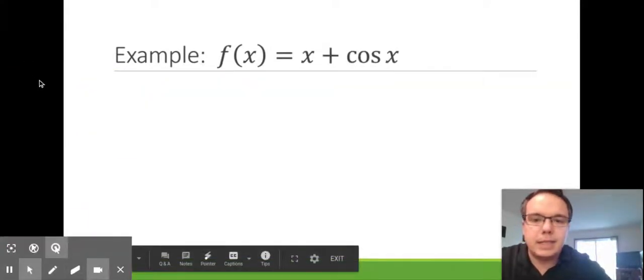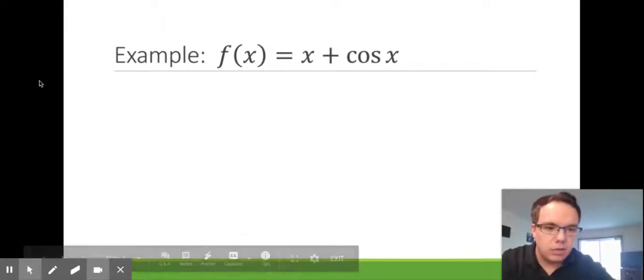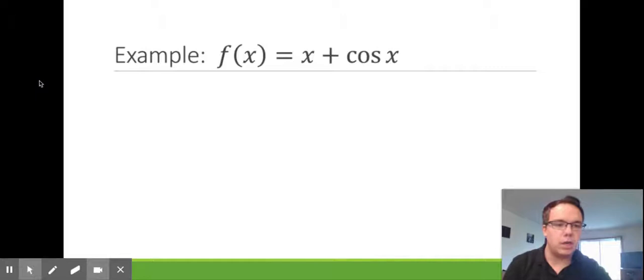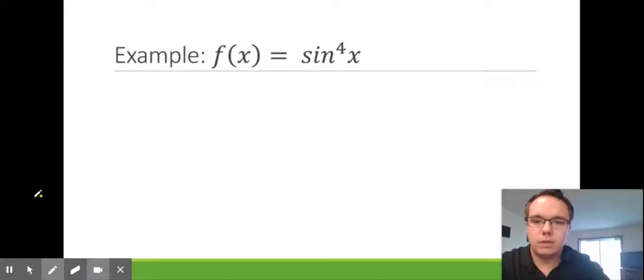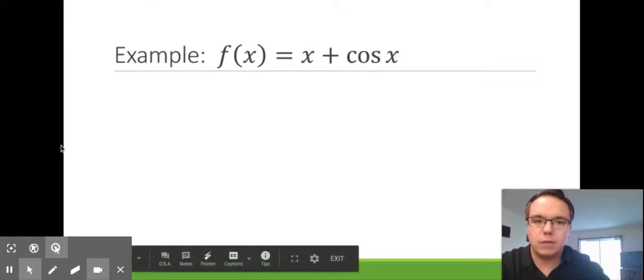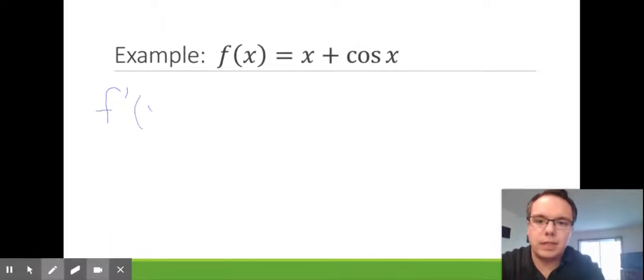All right, next example, we have f of x equals x plus the cosine of x. Just like before, when we made polynomials with the power rule and took the derivative of each thing and added it together, that's what we're going to do with trig. We're going to take the derivative of x first, and the derivative of x is 1.